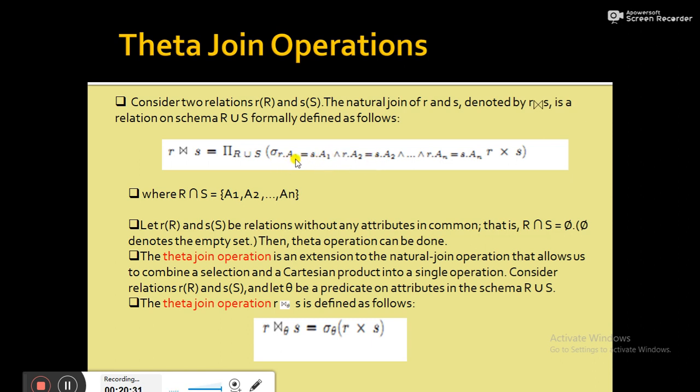So R dot a1 equal to S dot a1, as well as R dot a2 equal to S dot a2. If equality holds for all the common attributes, then only that particular record will be selected.